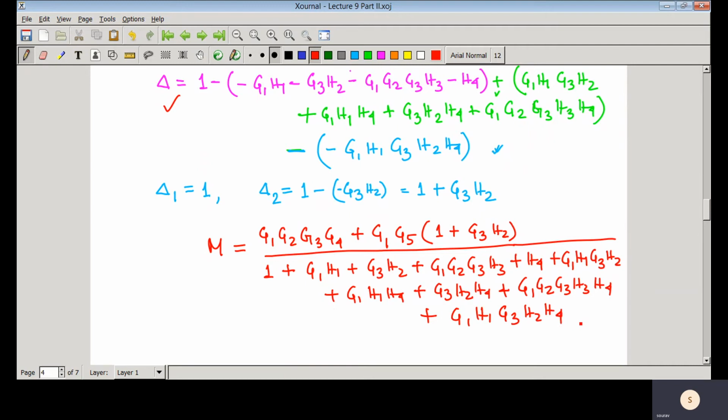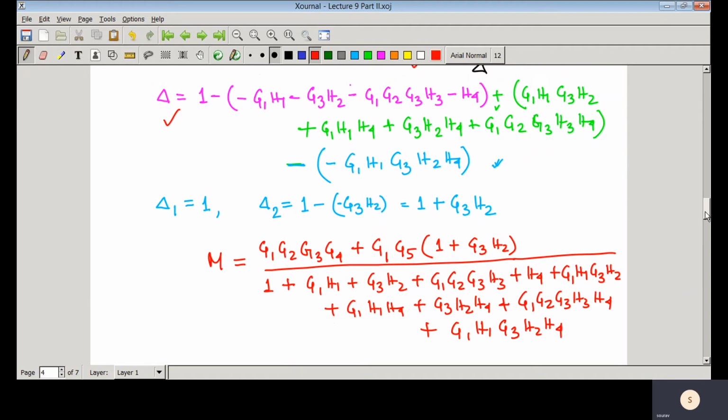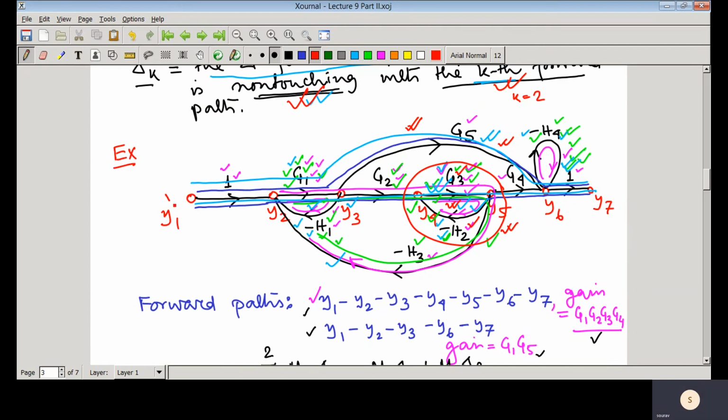So this is the transfer function from this particular node to this node, that means from input to output.